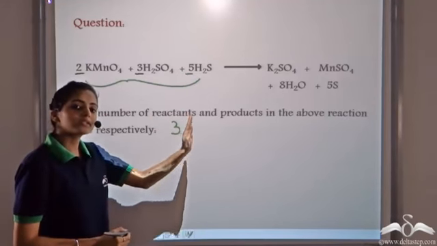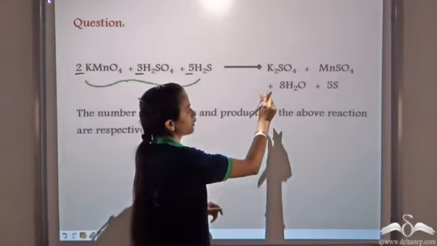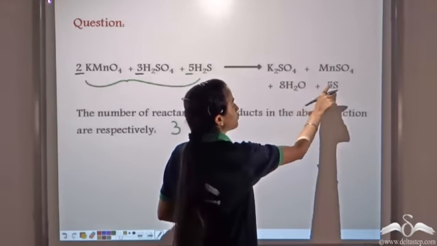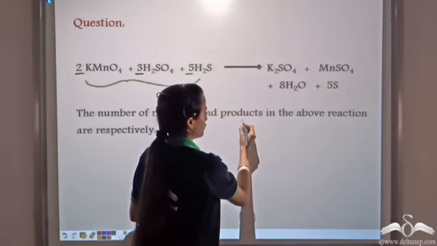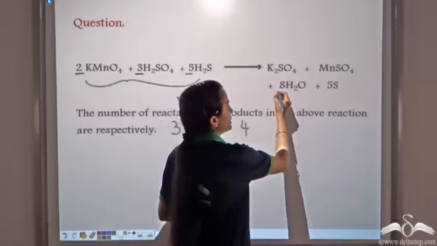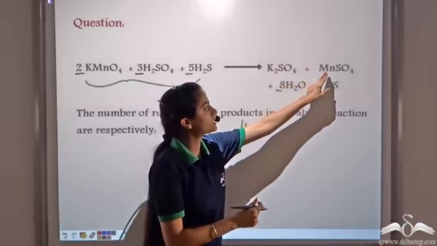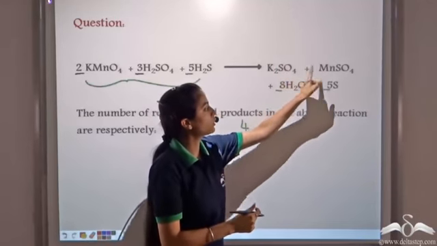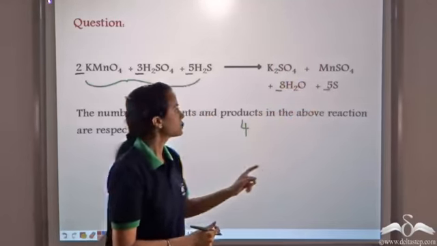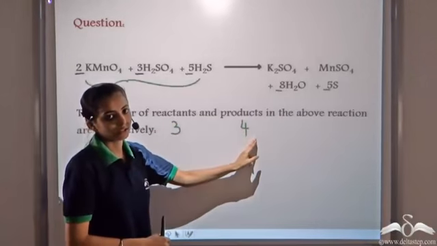Products are the substances that are formed as a result of the chemical reaction taking place. So we have 1, 2, 3, 4. So we have 4 products formed. So do not confuse with these letters. So these are different substances. The number of different substances that are formed is 1, 2, 3, 4. So we have 3 reactants taking part to form 4 products.